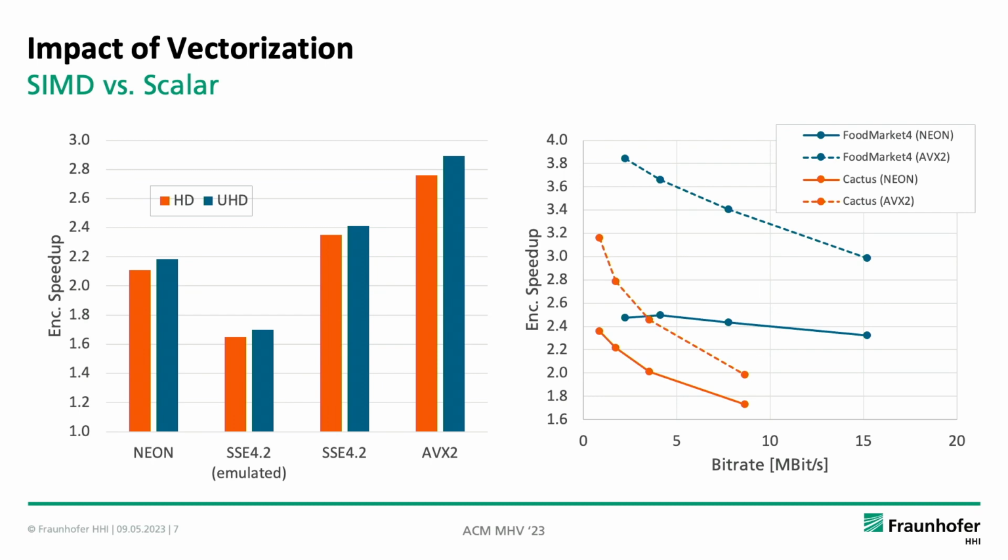This is very easy to automatically translate to ARM Neon, but by doing deeper profiling we figured out that some functions in VVenC, for example the chroma scaling function of the luma mapping with chroma scaling loop filter, got slower after automatic translation.